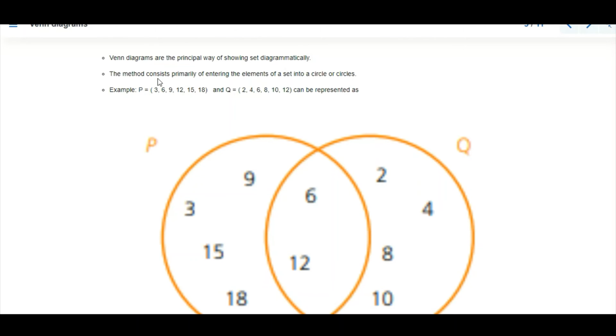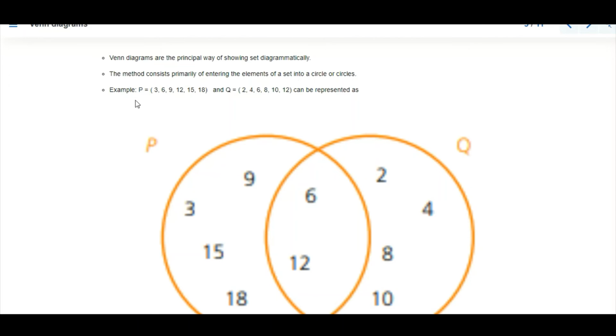So if you are trying to represent figures, objects, or things in a pictorial way, then that is an example of how Venn diagrams look. The method consists principally of entering elements of a set into a circle or circles. Like we have in the example here, this is two circles.